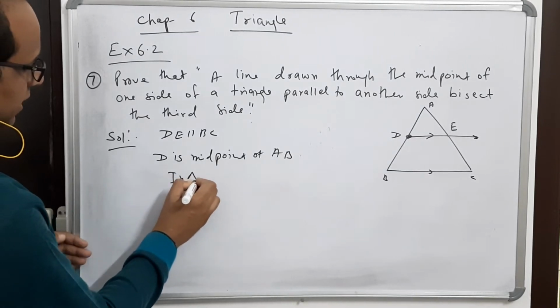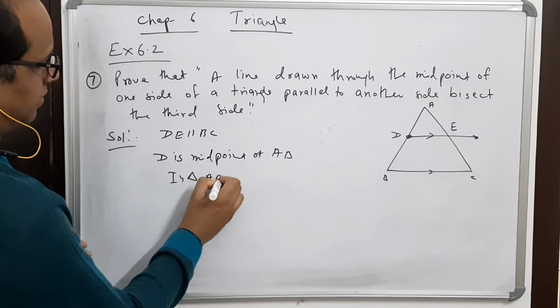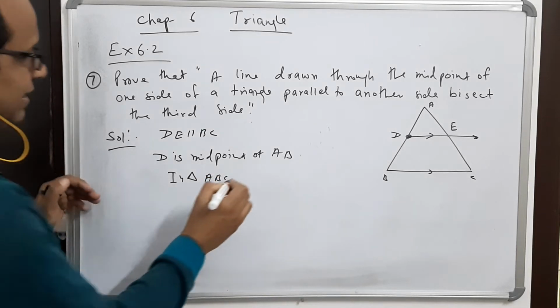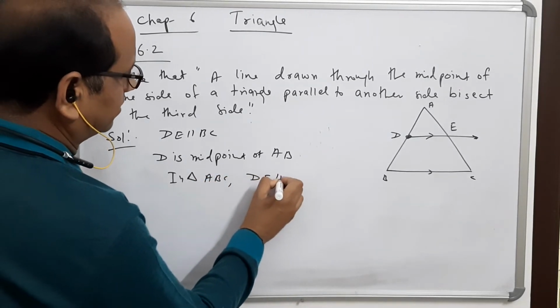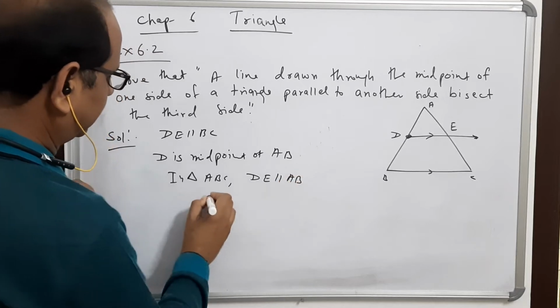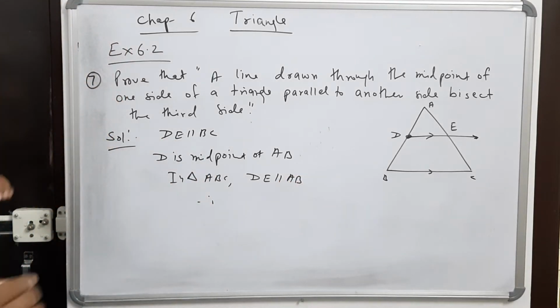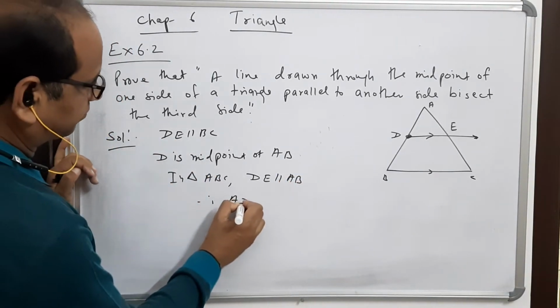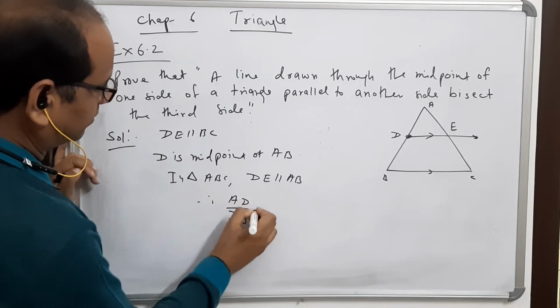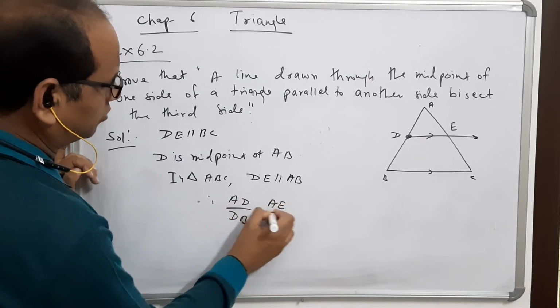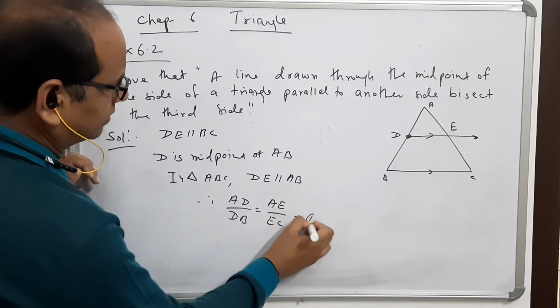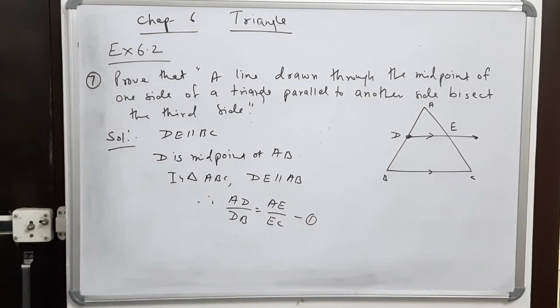Now in triangle ABC, please see, DE is parallel to BC. Therefore, AD upon DB is equal to AE upon EC. This is by the BPT.